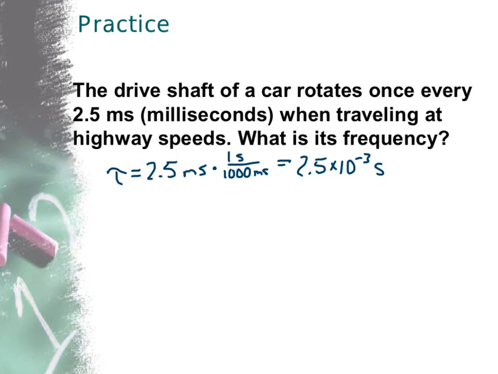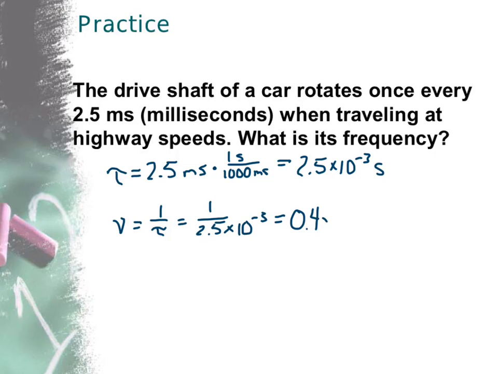And if you take nu equals 1 divided by tau, you're going to get 1 divided by 2.5 times 10 to the negative 3rd. 1 divided by 2.5 is 2/5, and 2/5 I know is 0.4.